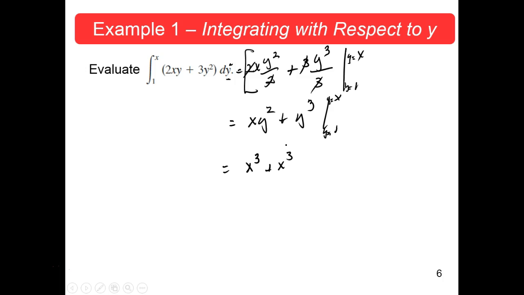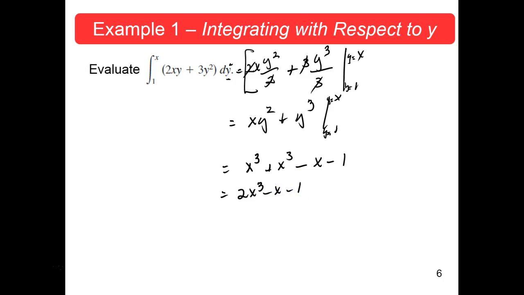Minus, plug in y equal to 1, that would be x plus 1. The minus is because it's the lower limit. So this would be 2x cubed minus x minus 1.